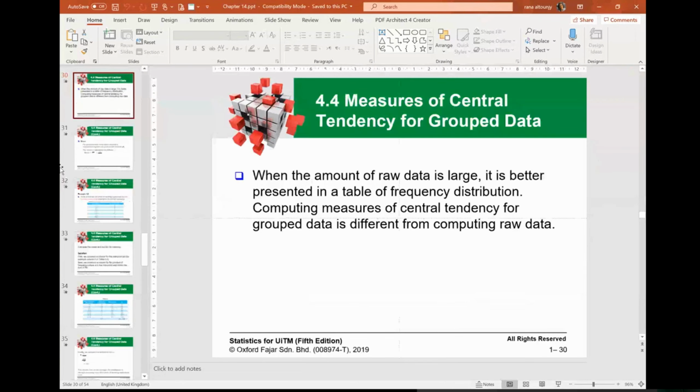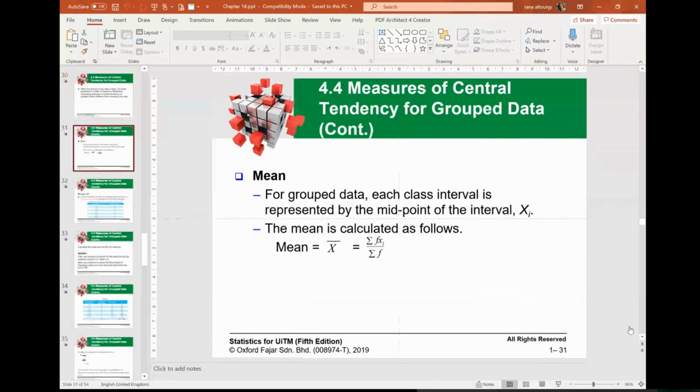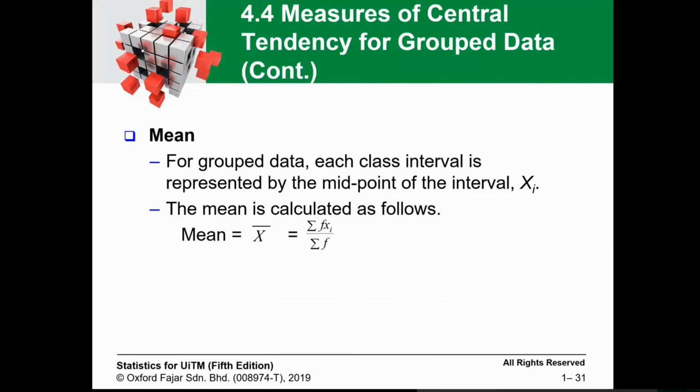Okay. So first we start with the mean, or what we call the average, for grouped data. For the mean of grouped data, each class interval is represented by the midpoint of the interval.